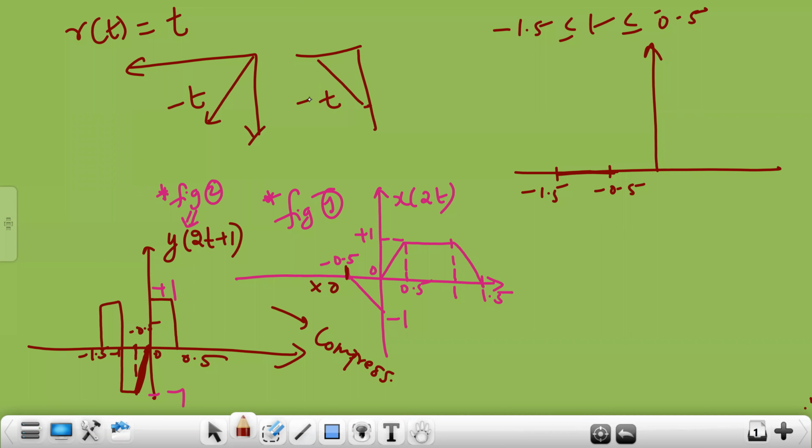Minus t into minus t becomes a positive t square. I will repeat, minus t into minus t is plus t square. A signal which is a function of t square is which shape?